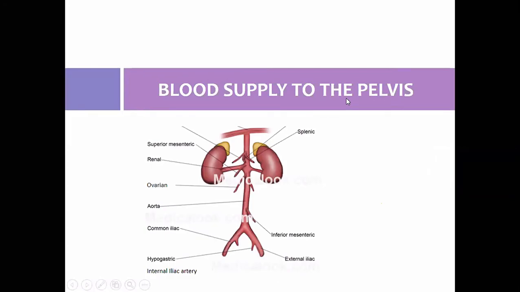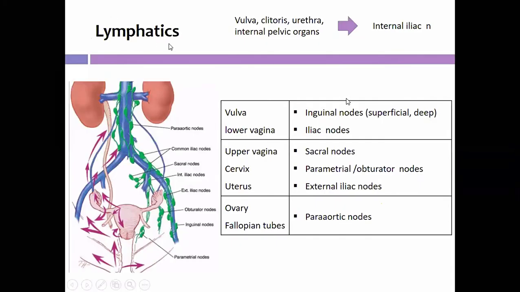Now, the lymphatics of the genital tract. If the lesions are found on the vulva or the lower part of the vagina, they drain into the inguinal nodes. That's why it is important during your physical examination to also palpate the inguinal lymph nodes.